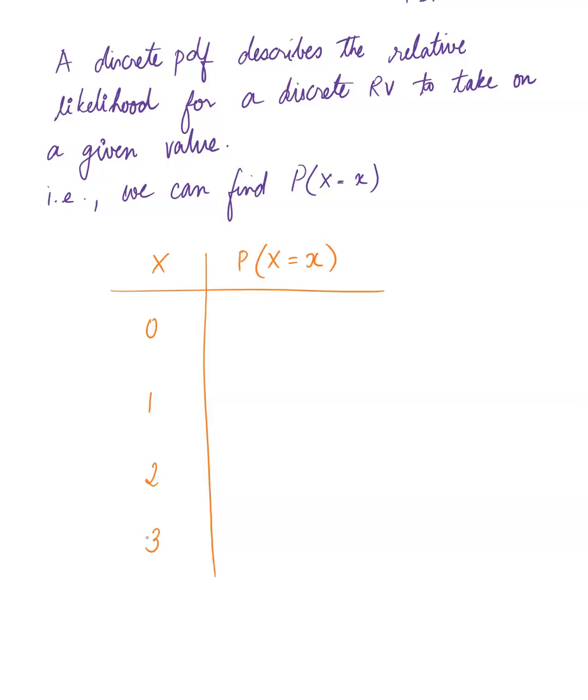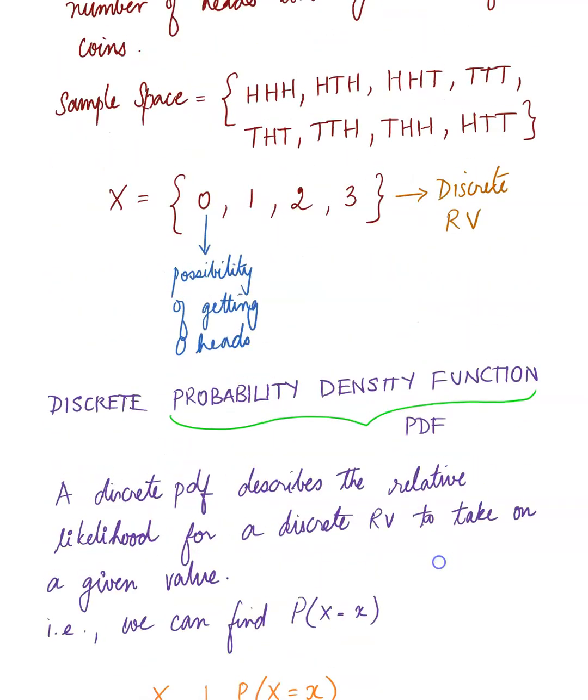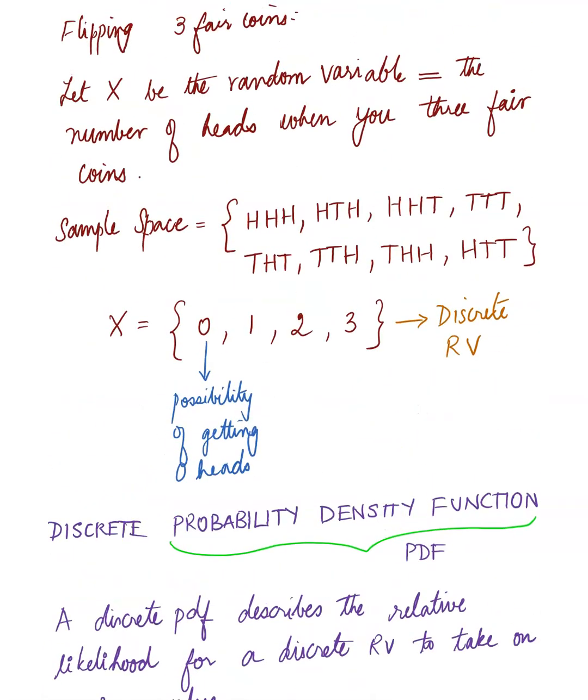So what is the probability? What is the chance of getting 0 heads? Because that's what x stands for, right? The random variable tells us how many heads you get when you toss 3 fair coins. So I first see how many options there are: 1, 2, 3, 4, 5, 6, 7, 8. There are 8 possible outcomes, out of which I'm looking for 0 heads.